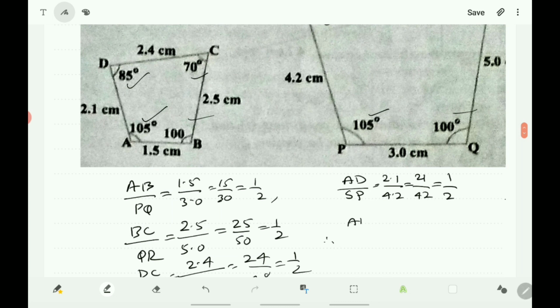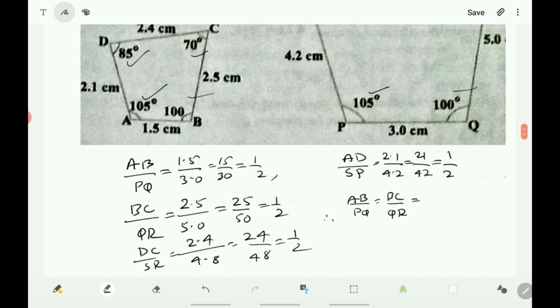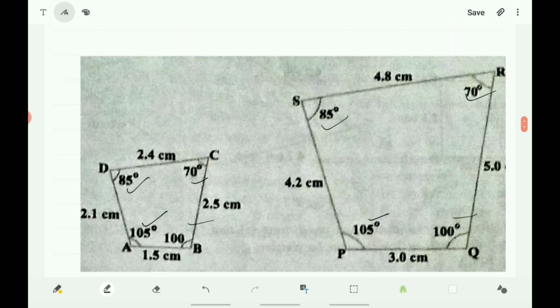That is, AB by PQ is equal to BC by QR is equal to DC by SR is equal to AD by SP, and the ratio is equal to 1 by 2. So the corresponding sides are in proportion, and the conditions hold good here.